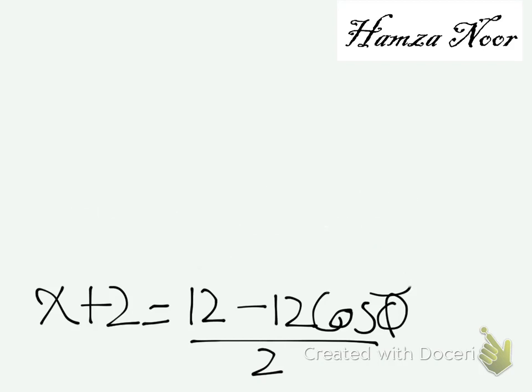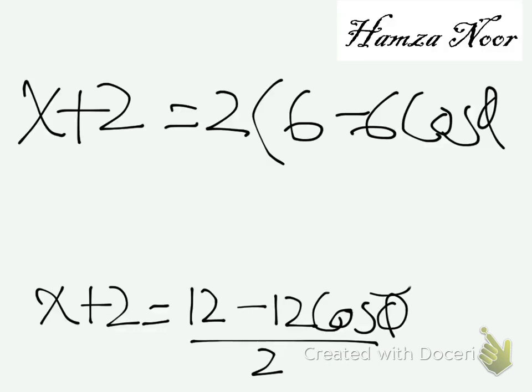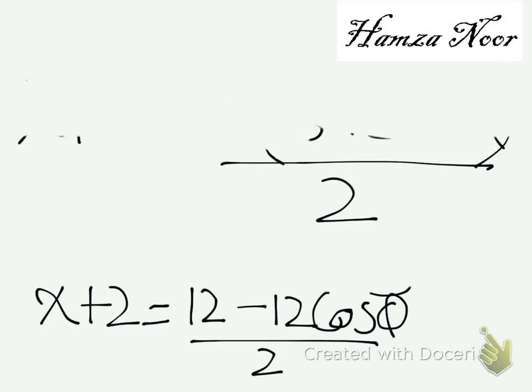You need to be very good at identities and algebra, and obviously it is assumed before studying P3 that you know all of such stuff. So what's next? x + 2 is equal to, taking 2 common, (6 minus 6 cos theta) divided by 2. So 2 and 2 are cancelled. This gives you x + 2 is equal to 6 minus 6 cos theta.